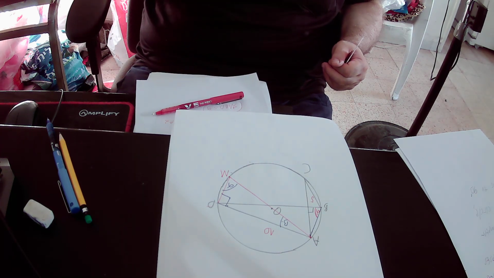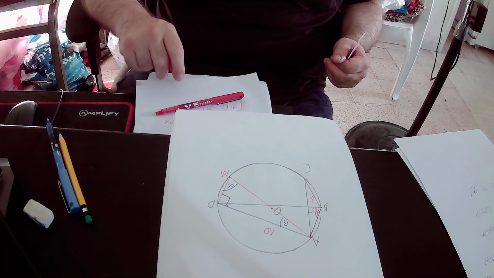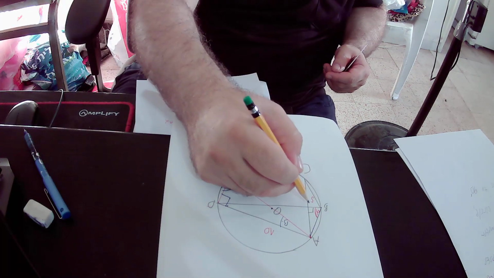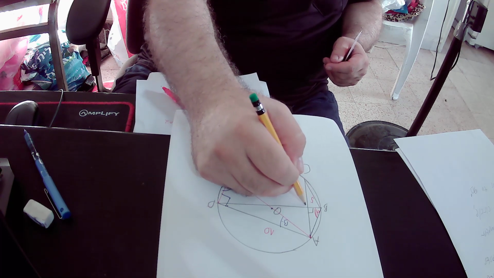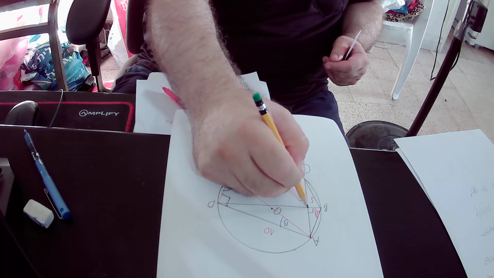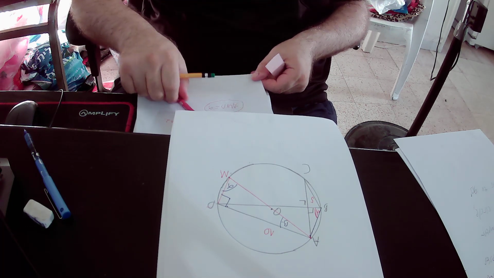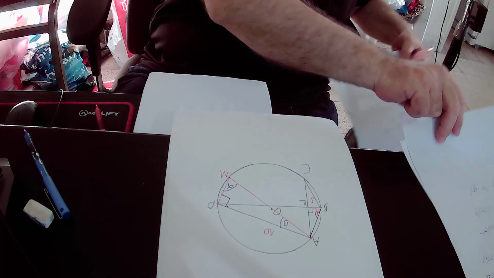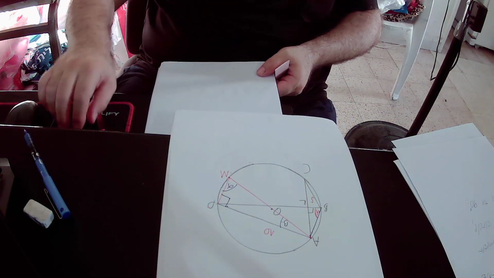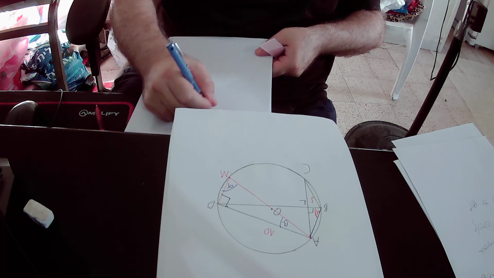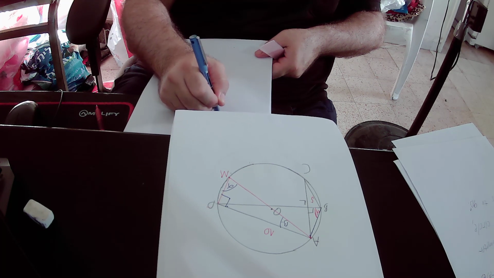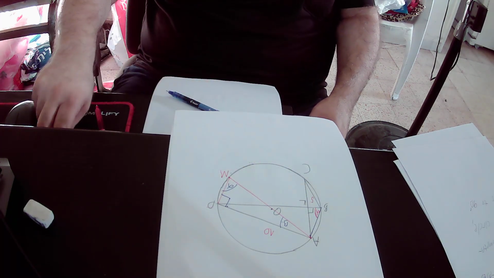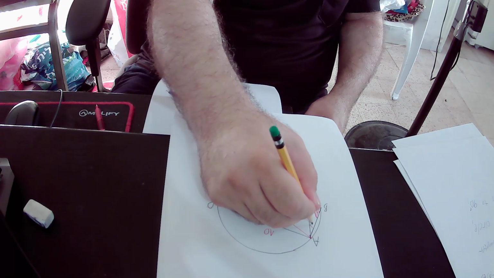So in the right triangle, we will define this point as point L. Okay, this point is defined as point L. So in a right triangle ABL, we will define angle BAL as X. Okay, this angle will be defined as angle X.